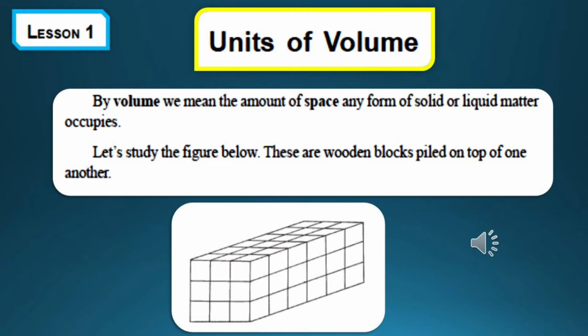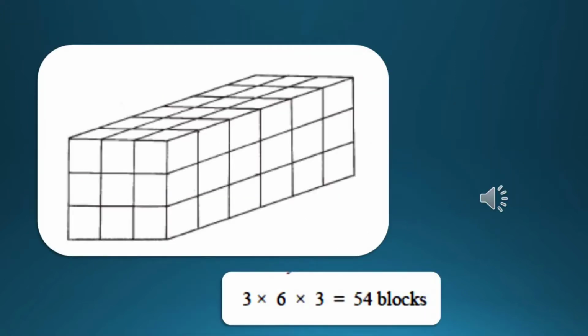Let's study the figure below. These are wooden blocks piled on top of one another. As we look at the top layer, on the shorter side or width of the picture, we have 3 piles of blocks. On the longer side or length of the picture, we have 6 piles of blocks.